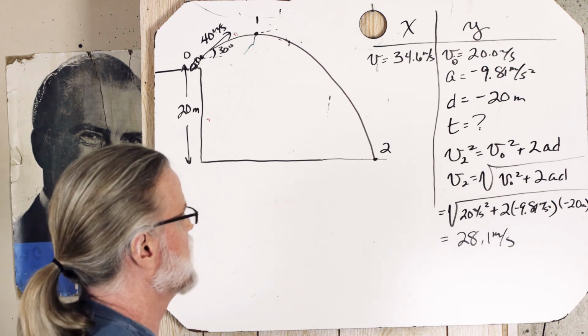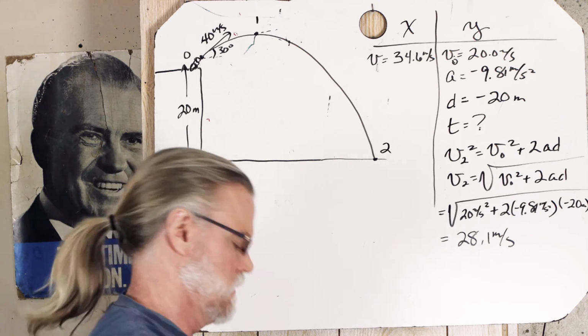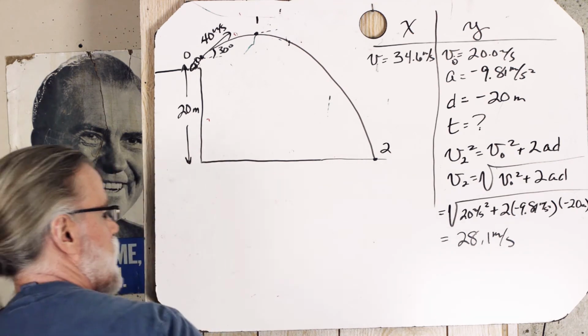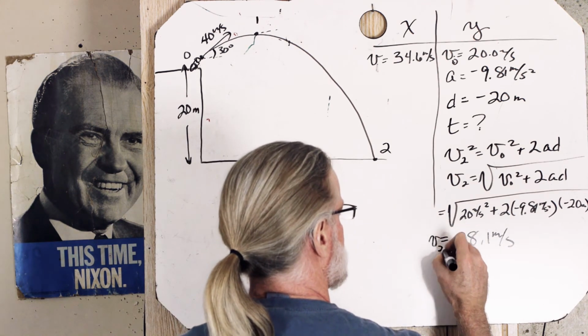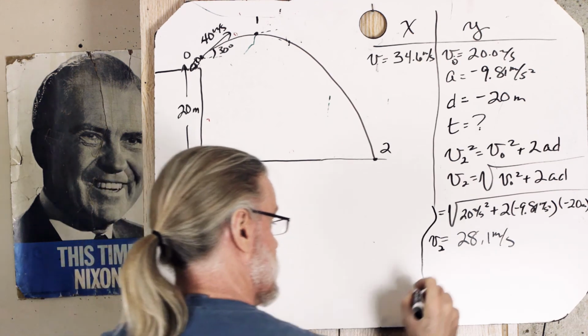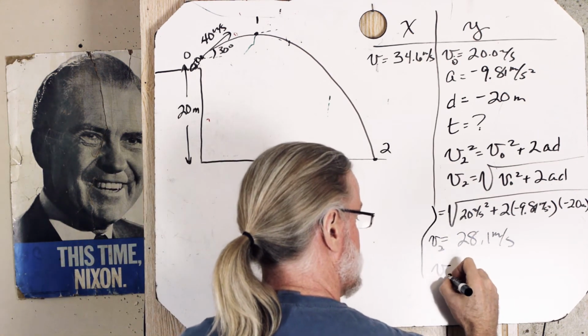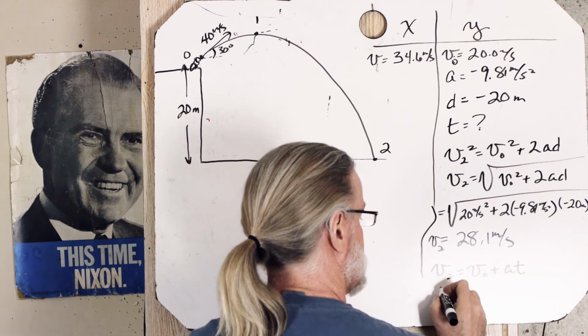All right, so I got the same number. So nothing could have possibly gone wrong. All right, so that is velocity at 2 in the y direction. All right, so now I can just use this equation. V2 equals V0 plus acceleration times time.